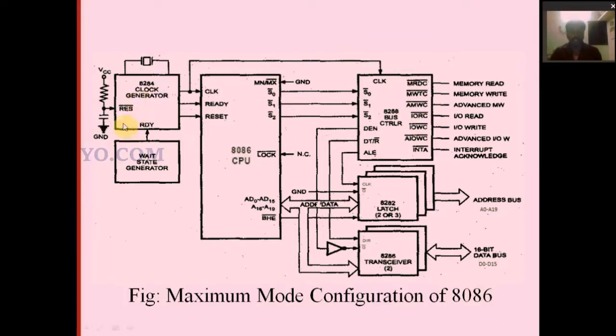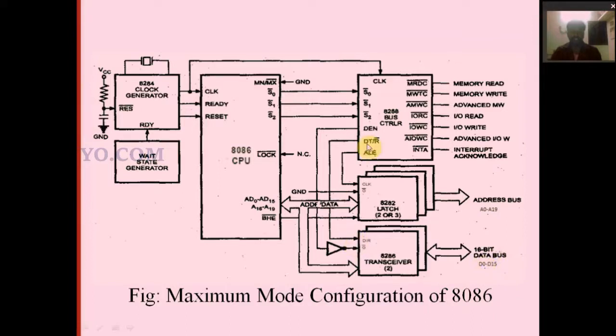The clock generator is the same as in minimum mode, and the wait state generator is also the same. The clock generator provides the clock, ready and reset signals. The address and data bus AD0 to AD15 and A16 to A19 are directly connected to the three latches. The latches provide the address bus. The same address or data bus is connected to the transceiver, which provides the data bus.